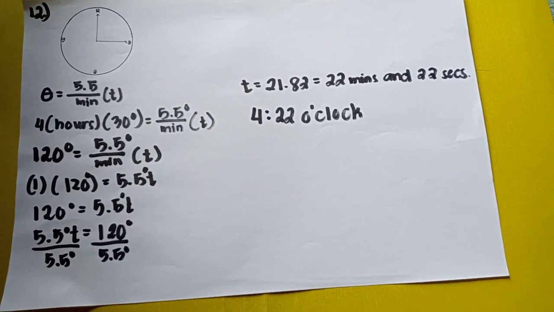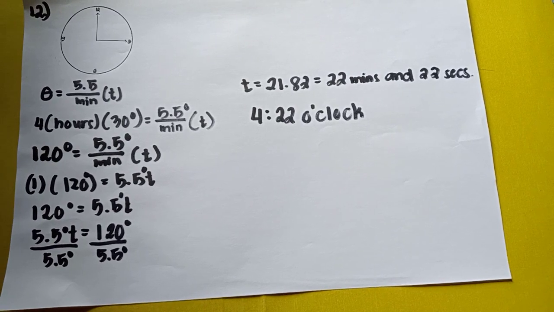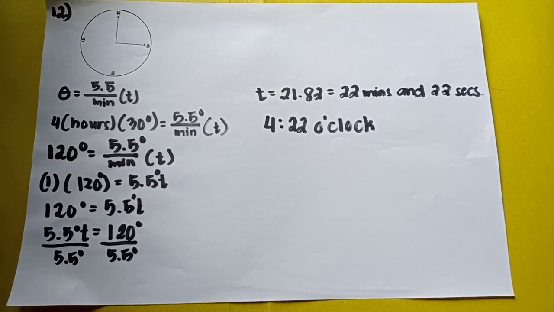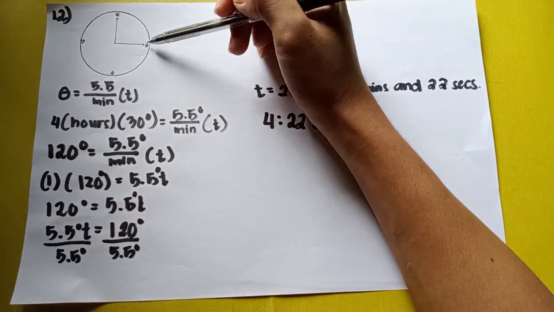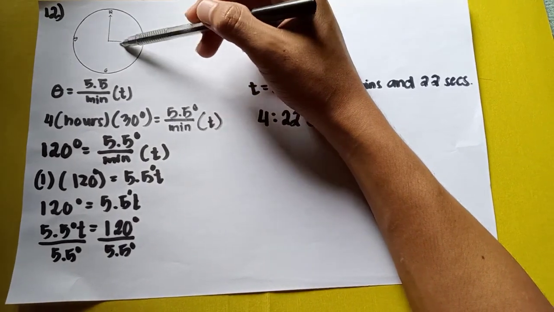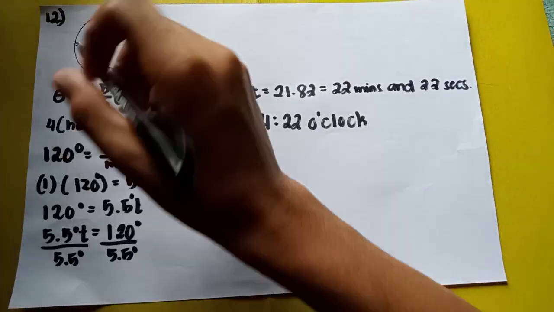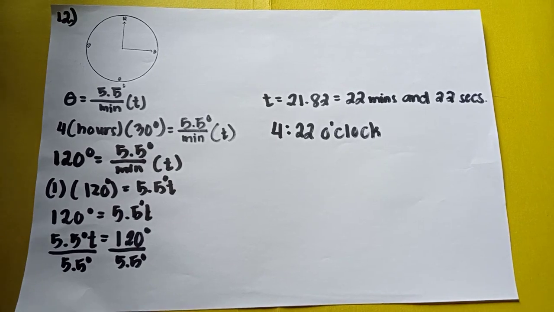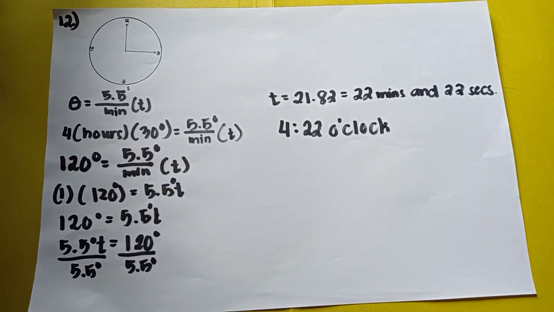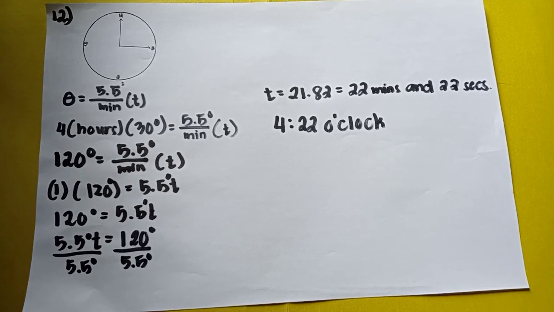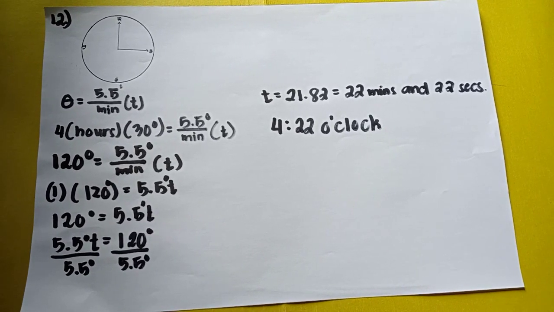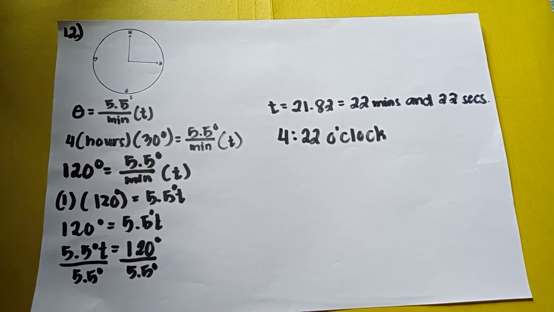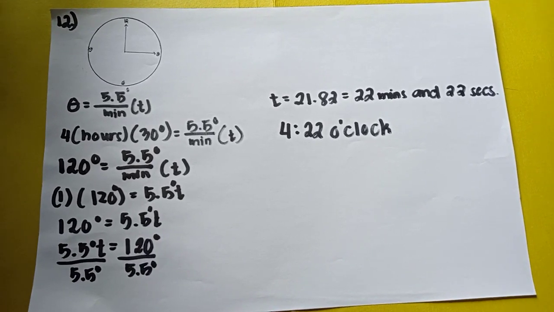Last problem of our algebra. At what time after 3 o'clock will the hands of the clock be together for the second time? So we have here 12 and 3, our clock here. So theta equals 5.5 degrees per minute times t, our time. Then 4 hours times 30 degrees equals 5.5 degrees per minute times time. 120 degrees equals 5.5 degrees times time.